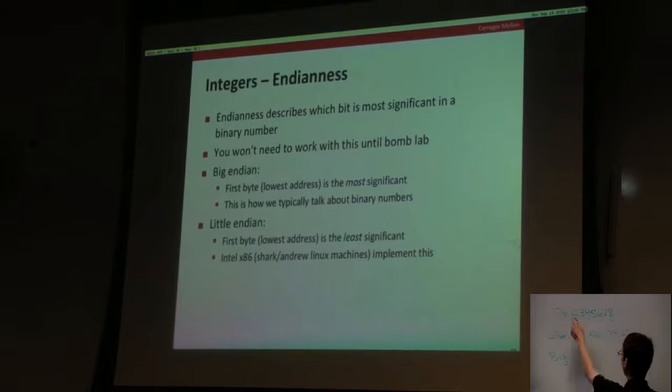In big endian, we store the most significant bit first in memory, and it reads off the way we normally would. However, the Intel systems that we'll be using, that are used everywhere, pretty much, do it the little endian way. So in BombLab, you will have to worry about this and make sure that you are not accidentally interpreting it as a big endian number when it's little endian.